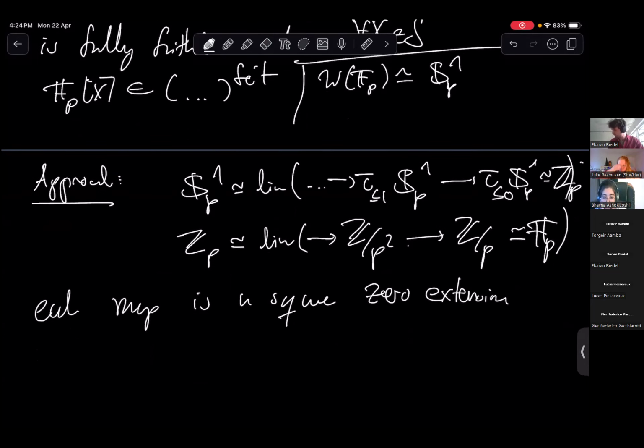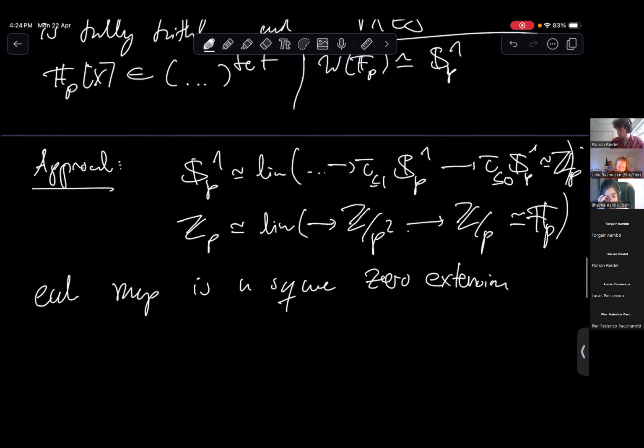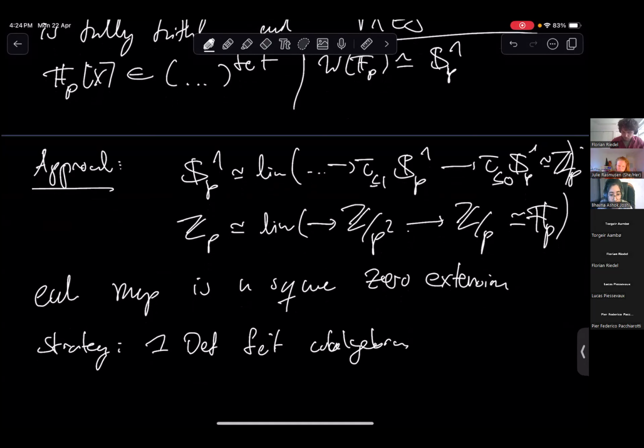Okay, so the basic strategy is: first, you define formally etale coalgebras, figure out what that should mean.